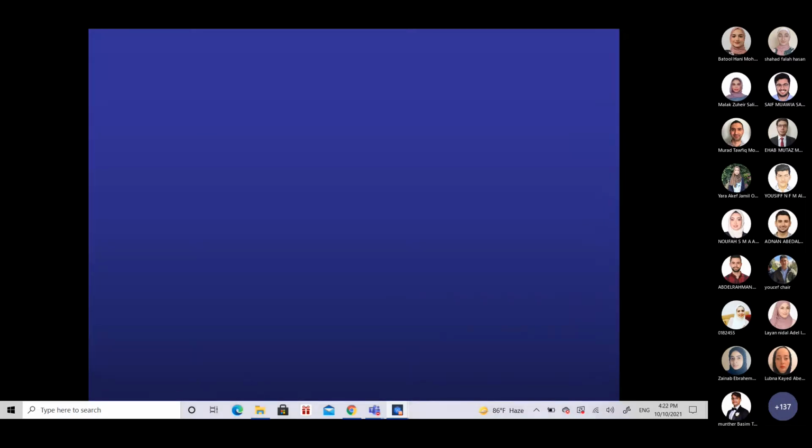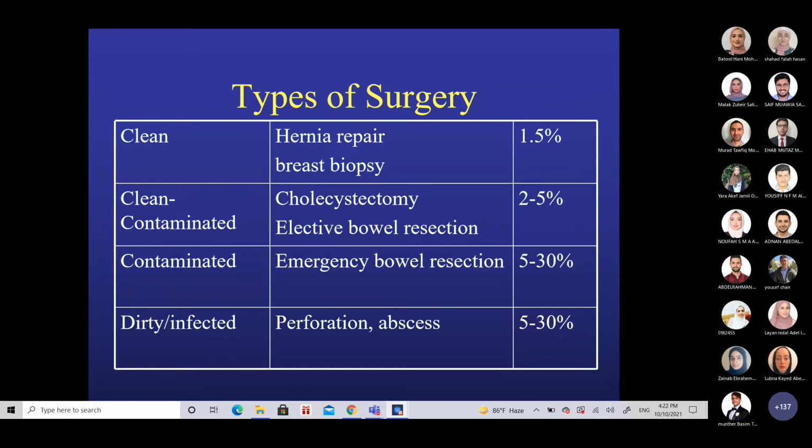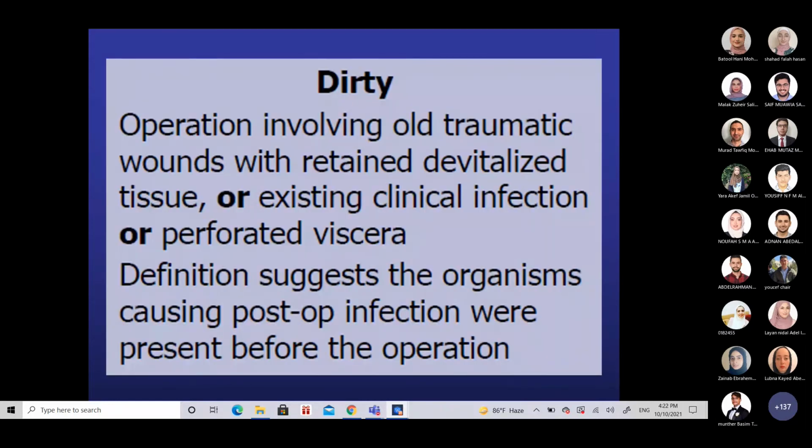The fourth type, as we said, is dirty infected wounds. In these cases we include all traumatic wounds, retained devitalized tissues, infection, and perforated viscus. For example, someone with perforated diverticular disease, or purulent appendicitis, meaning peritonitis due to appendicitis, pus in the abdomen, or fecal peritonitis. All of these are examples of dirty infected.